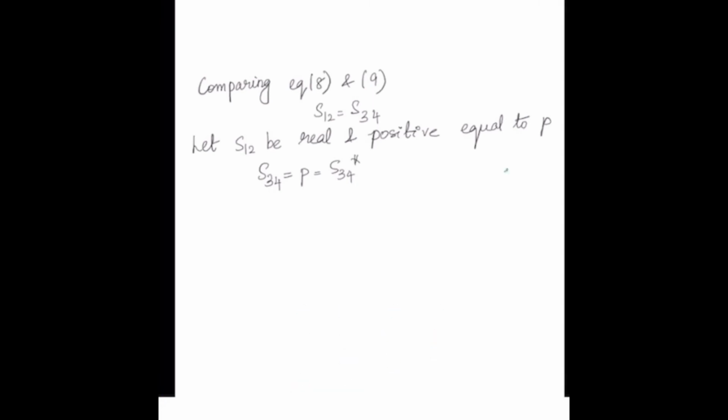So S34 conjugate will be equal to S12. If you consider P is equal to 1, as it is a real number, P conjugate also will be equal to 1 itself. So we can substitute S34 is equal to P is equal to S34 conjugate, and that will be equal to S12.